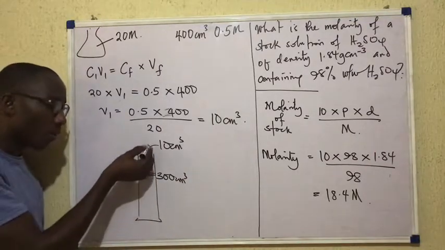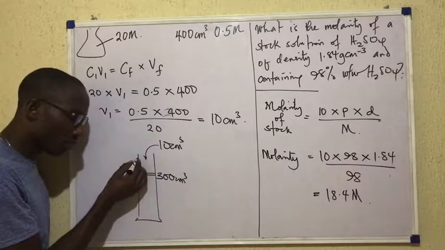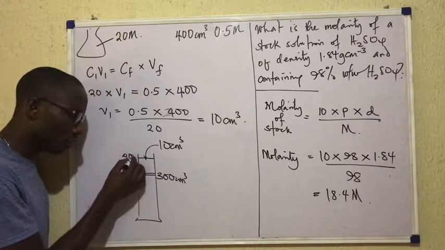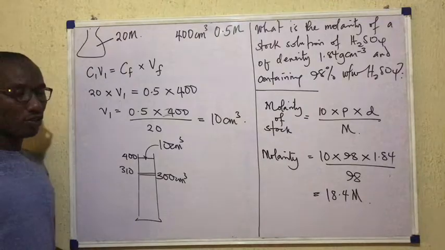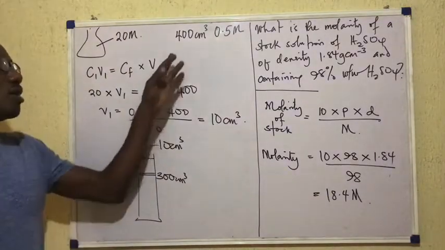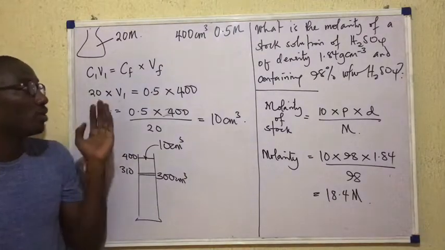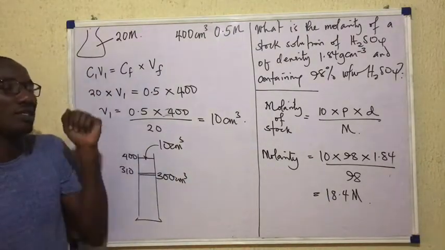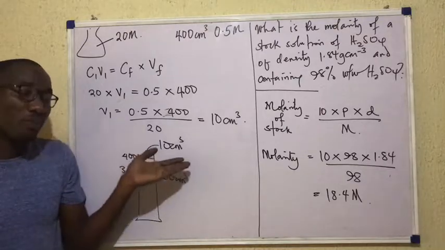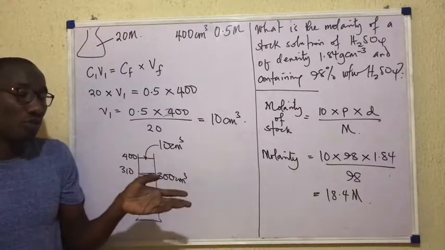Then I'll add more distilled water to make the volume up to 400. At that point, I'll be very sure that what I have with me is 400 cm³ of 0.5 molar solution of this substance. So that's how we prepare solutions for laboratory use actually.